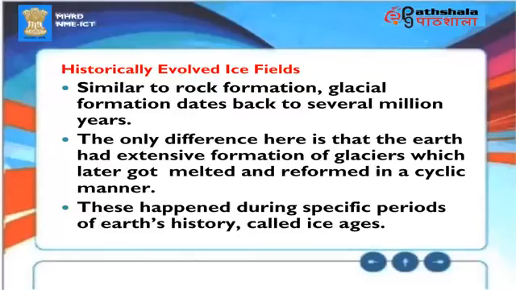Historically evolved ice fields. Similar to rock formation, glacial formation dates back to several million years. The only difference here is that the Earth had extensive formation of glaciers, which later got melted and reformed in a cyclic manner. These happened during specific periods of the Earth's history called ice ages.